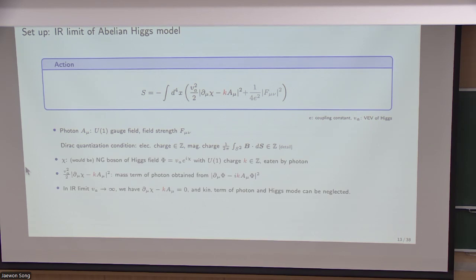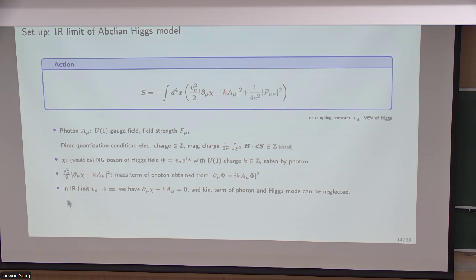So let me explain the action. Chi here is the so-called Nambu-Goldstone boson of the Higgs field in the low energy limit with U(1) charge K. This chi field is eaten by the photon, and the photon becomes massive. This coupling gives us the mass term of the photon, and it is obtained from the kinetic term of the Higgs field.